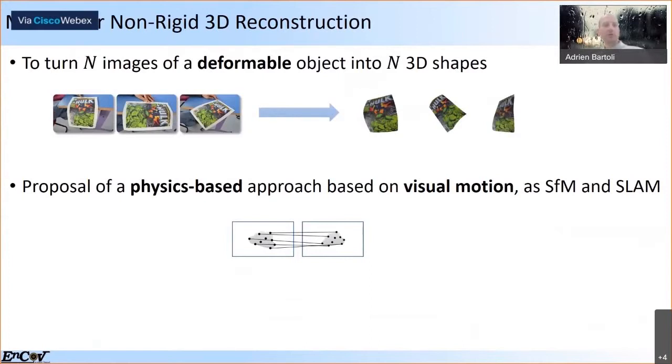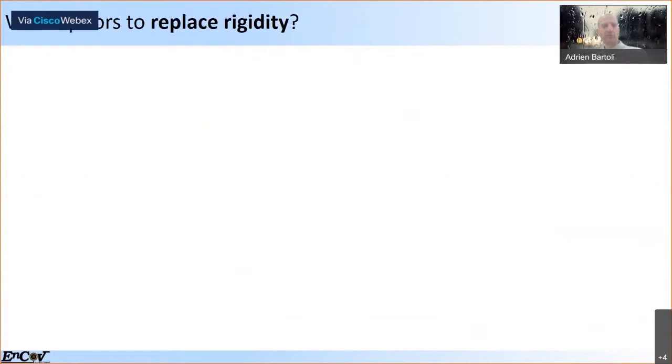So if we have n images, we have to find n shapes, still combining the visual cues from the n images. I'm going to take the physics-based approach, and I'm going to use the visual motion approach. That forms quite a recent problem compared to rigid structure from motion and the other traditional visual cues from vision.